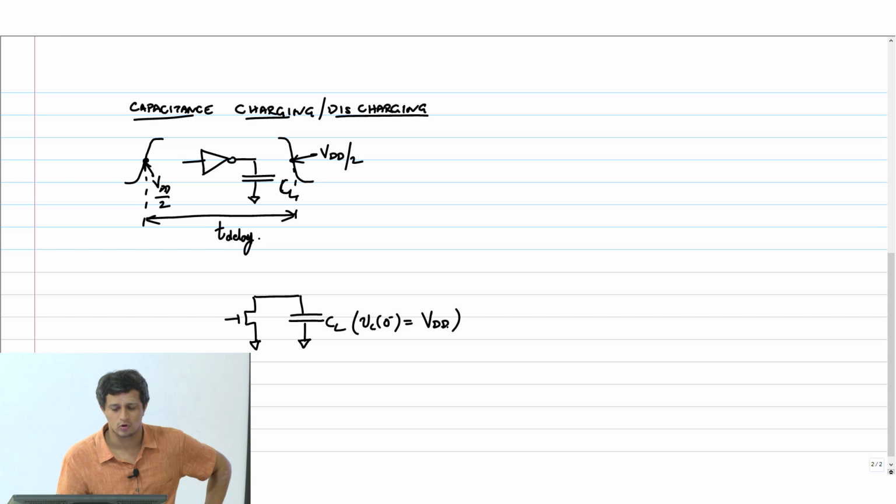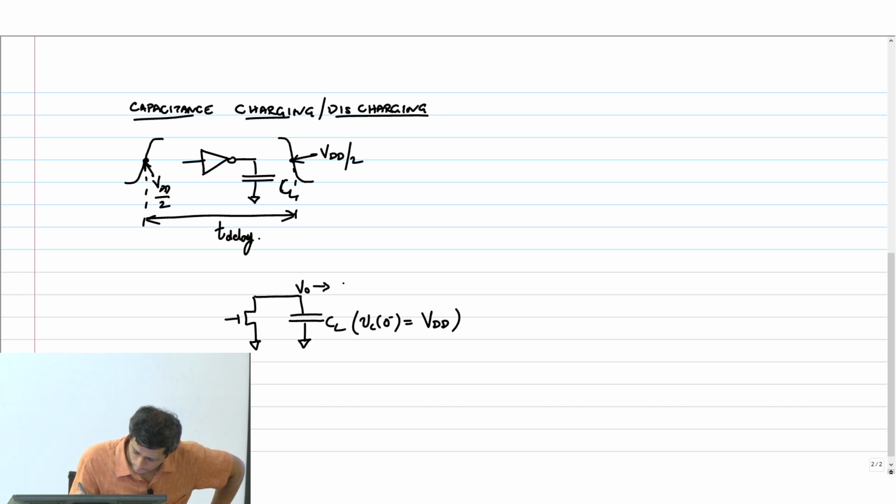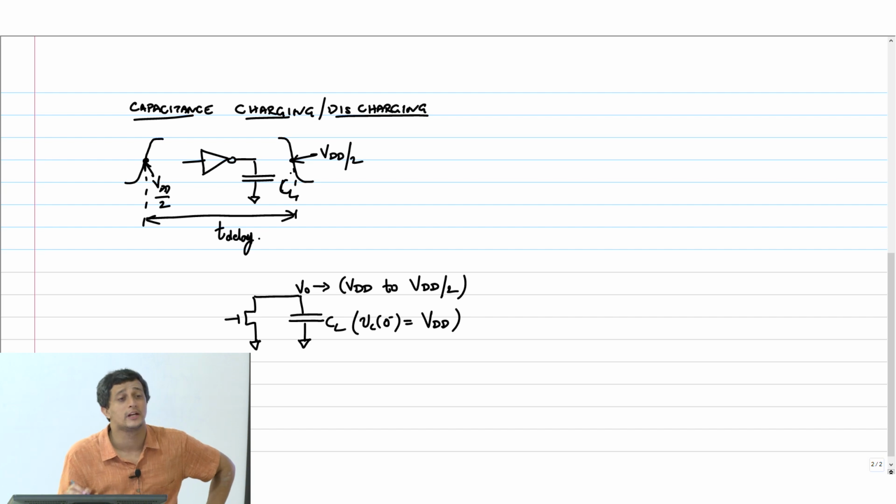So this inverter is going to now discharge the capacitor through an NMOS transistor. Okay, so this voltage V0 is going to fall from VDD to VDD by 2 because of the delay definition. That's why VDD by 2 is a very sacrosanct number. I am not worried about taking it all the way to 0.